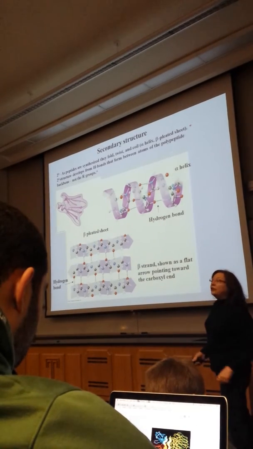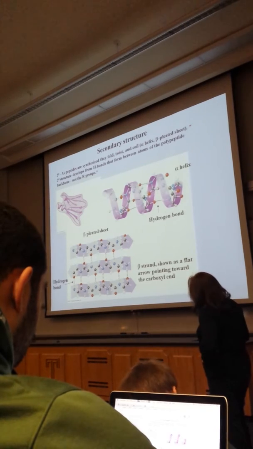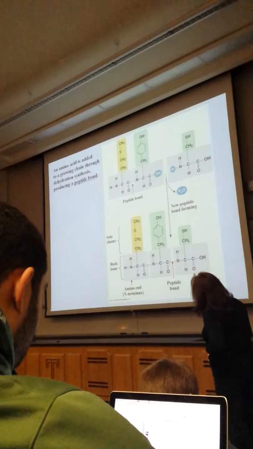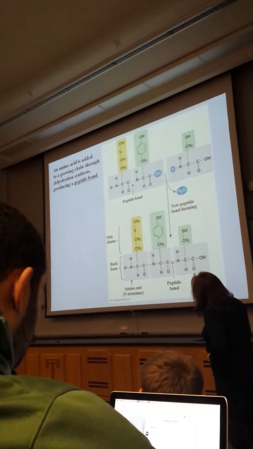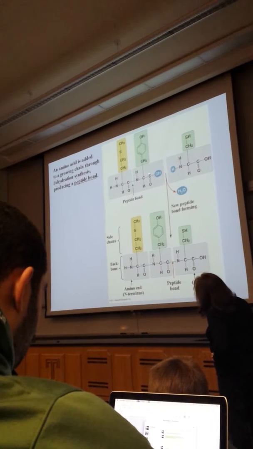Then we have what is called secondary structure. Secondary structure forms by hydrogen bonding between the nitrogens in the polypeptide backbone and the carbonyls.